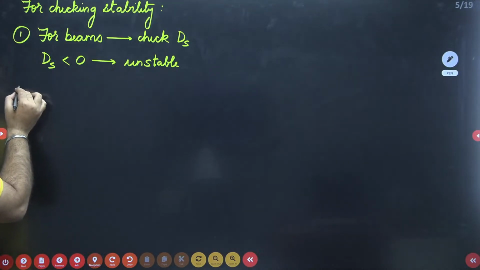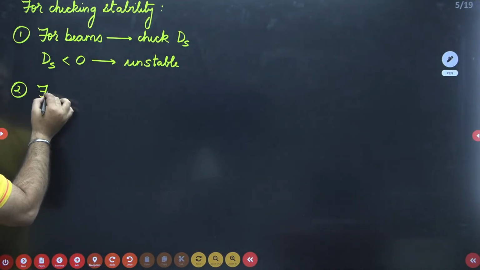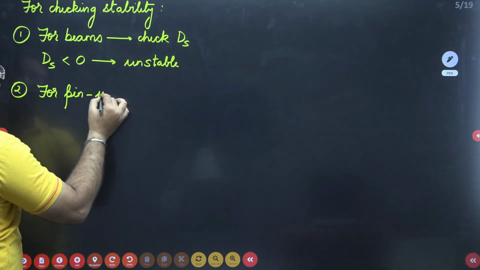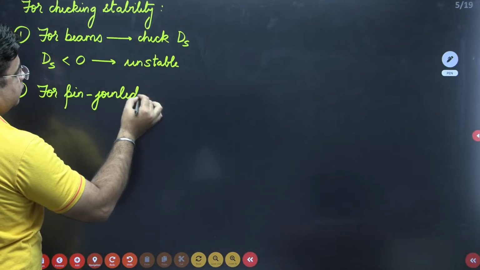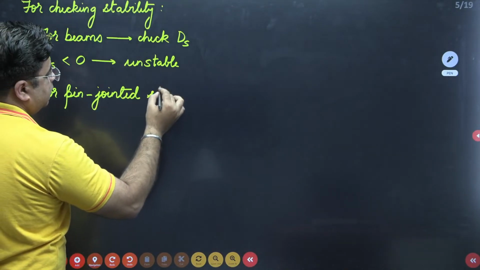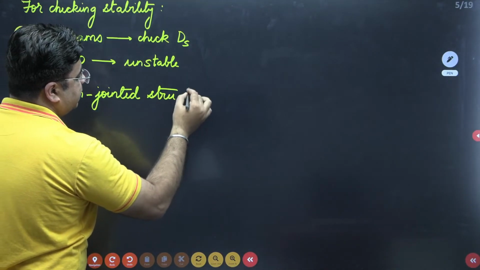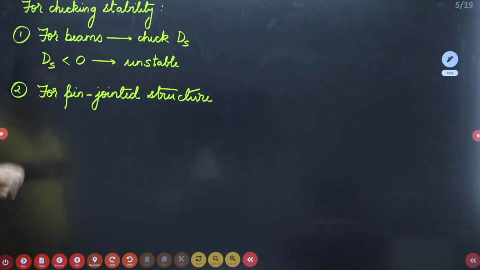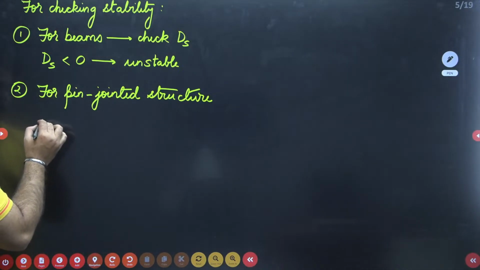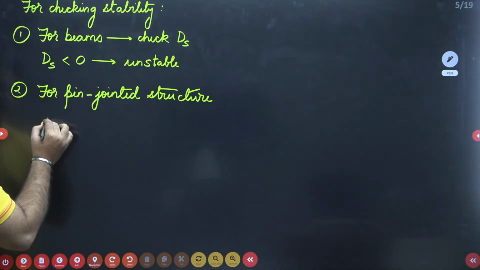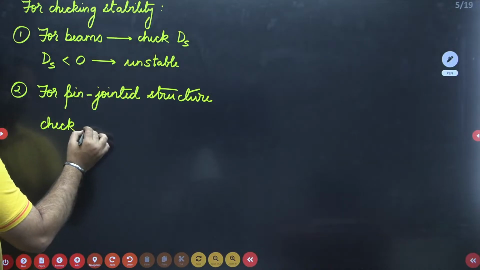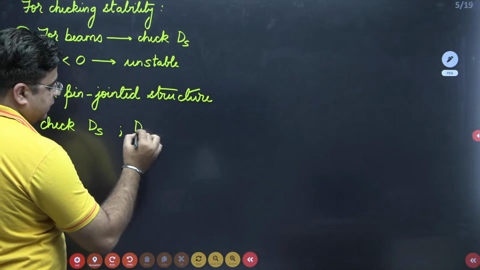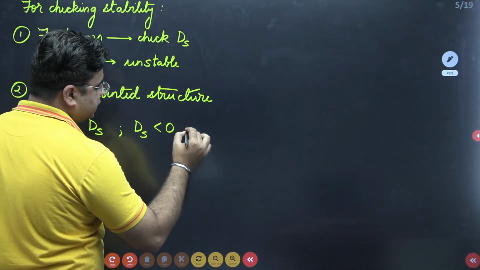Second, for pin jointed structures, which may include mainly trusses, the first check is DS. Again, if DS is less than 0, then your structure is unstable.